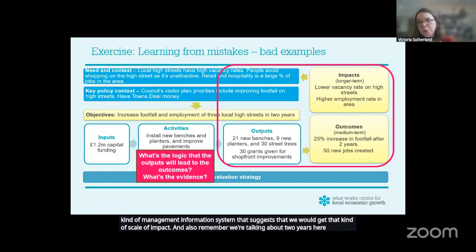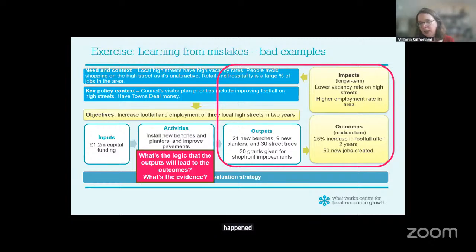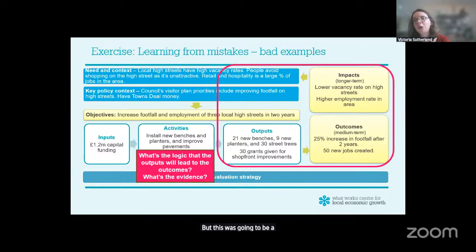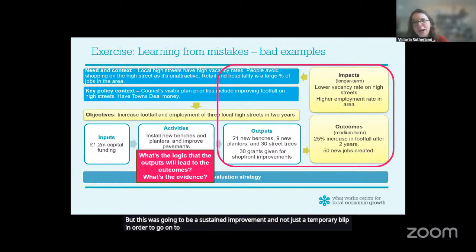So even if those improvements to the high street did lead to an increase in footfall, that increase in footfall has got to feed through into people spending more money, not just coming and having a look, but actually spending more money. And the businesses would need to be confident enough that this was going to be a sustained improvement and not just a temporary blip in order to go on to hire people. So I think footfall, maybe you can make a stronger case for, but I think the 50 new jobs is really quite a big stretch.